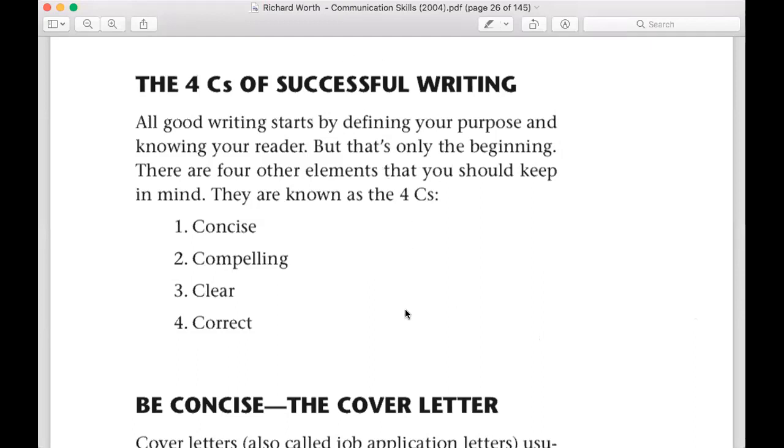Yes, anyone else other than Maruf? Maruf has given you the right answer. What else? Yes, we are giving information in every kind of writing. Okay, being concise is yes.